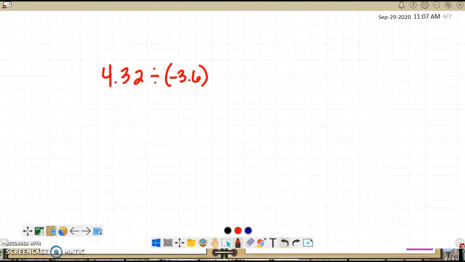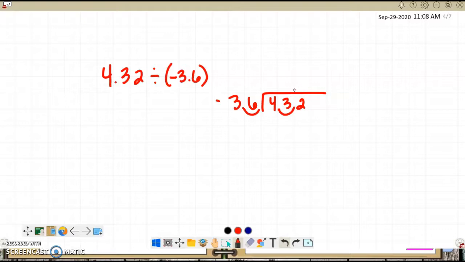For number 3, 4 and 32/100 divided by negative 3 and 6/10. We're dividing by negative 3 and 6/10, so that goes outside the house. And 4 and 32/100 goes inside the house. Again, I cannot have a decimal on the outside, so I'm going to move my decimal over until I have a whole number or an integer. Monkey see, monkey do. I'm going to bring that decimal over on the inside and bring it to the top.